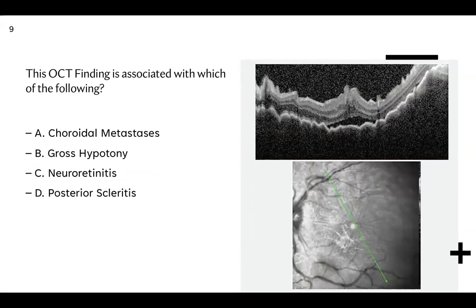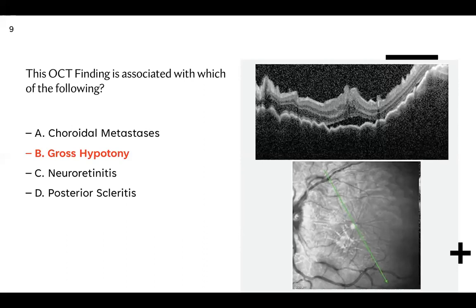As you can see, the OCT as well as the red-free image are from the same page as the raster, the direction or the plane of image acquisition. It's obviously a very distorted image, but what could have caused this? The answer is gross hypotony, which 55% of the audience has got correct.